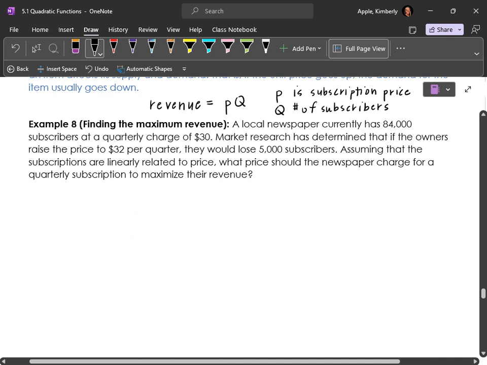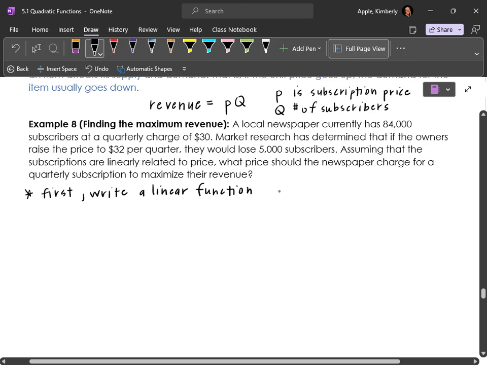So from there, first, we're going to write a linear function to relate P and Q, kind of like we did with the length and the amount of fence we had to begin with in that first example.